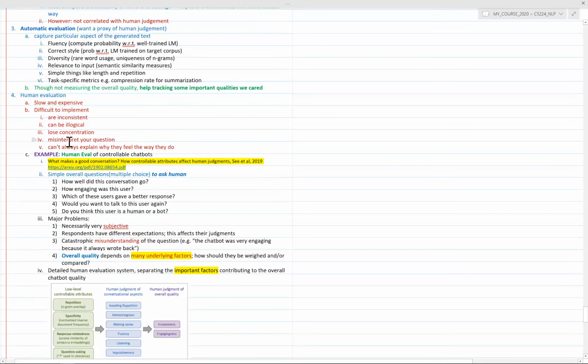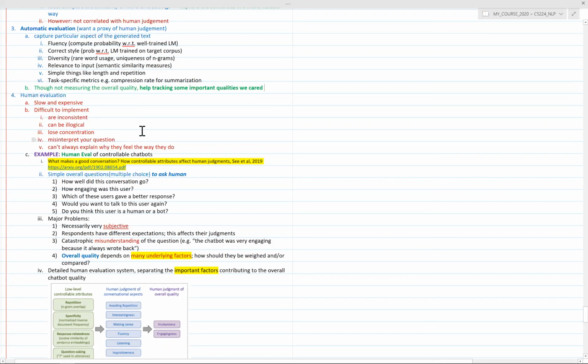People can also misinterpret your question. So they're thinking in another way instead of what the test team required them to do. And sometimes they couldn't even explain why they made the decision or made that comment.